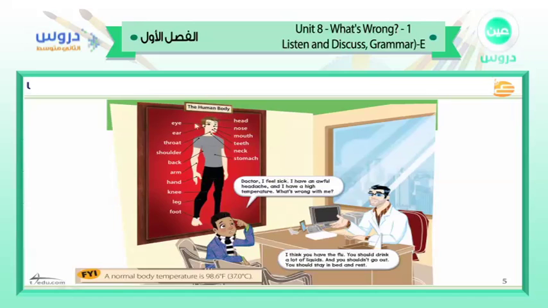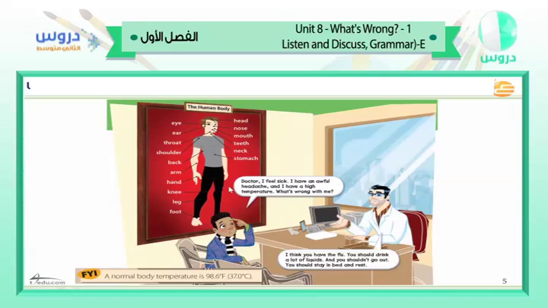The human body: eye, ear, throat, shoulder, back, arm, hand, knee, leg, foot, head, nose, mouth, teeth, neck, stomach.